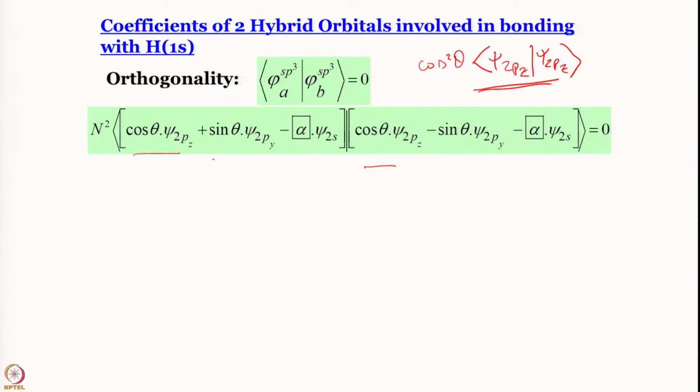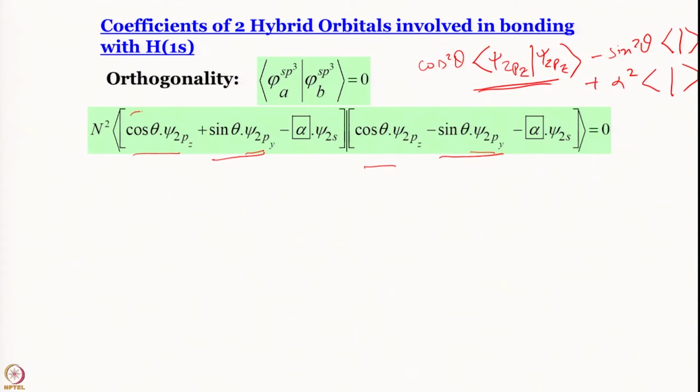Similarly, when you take sin theta psi 2py and minus sin theta psi 2py, you are going to get minus sin square theta integral, I will not even write it, psi 2py in bra, psi 2py in ket, that is equal to 1, and then you get plus alpha square psi 2s in bra and psi 2s in ket vector.